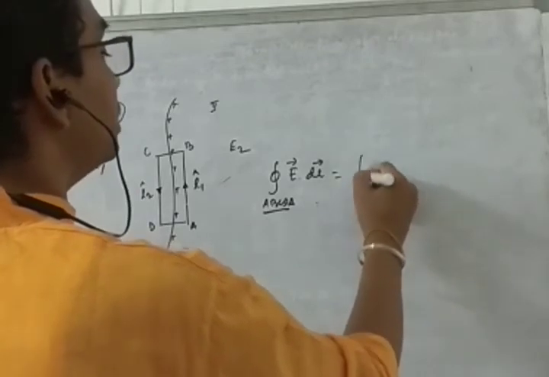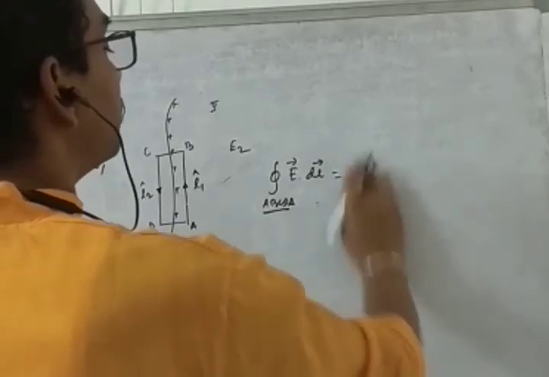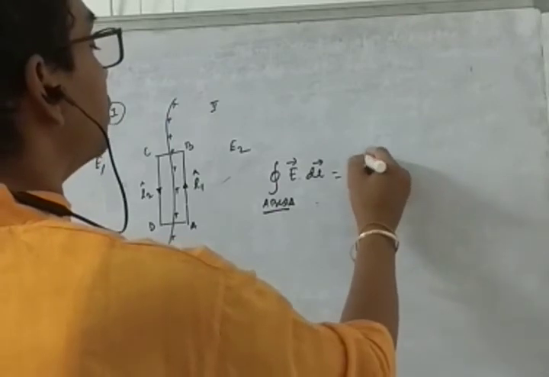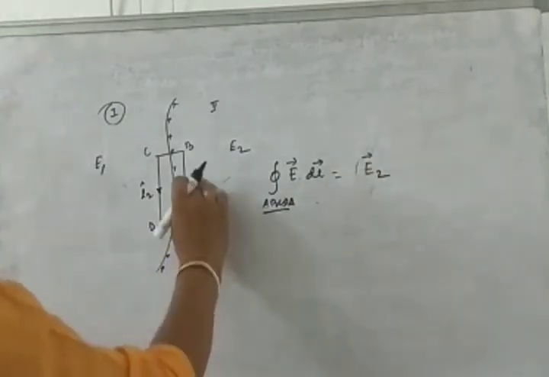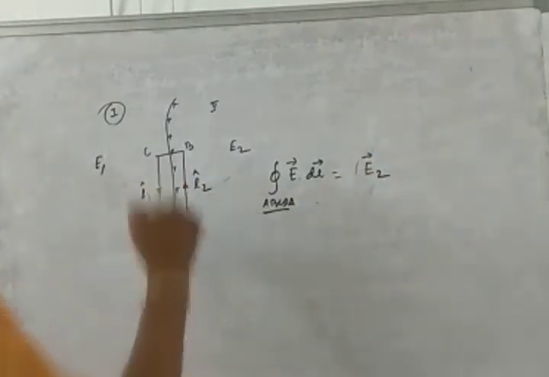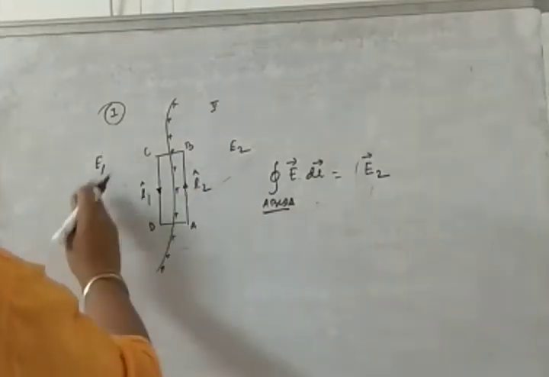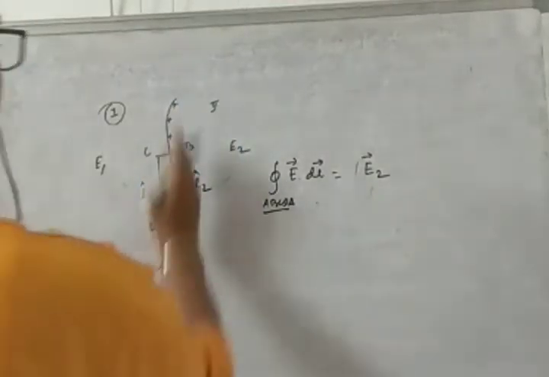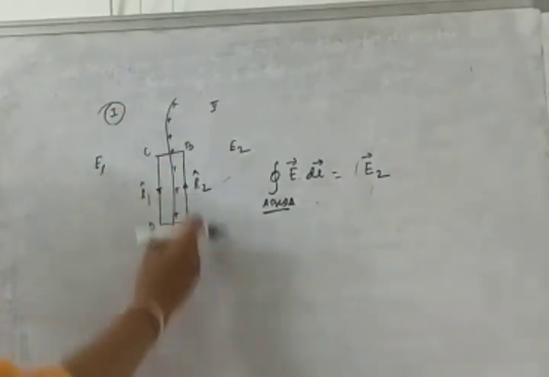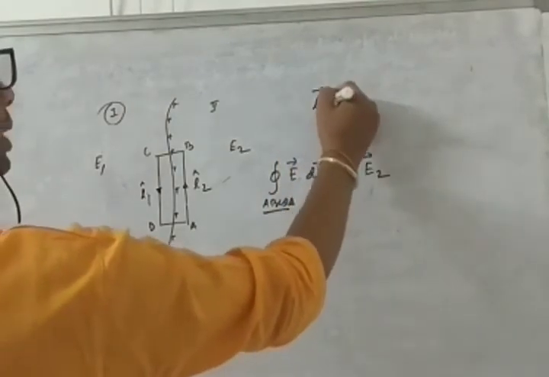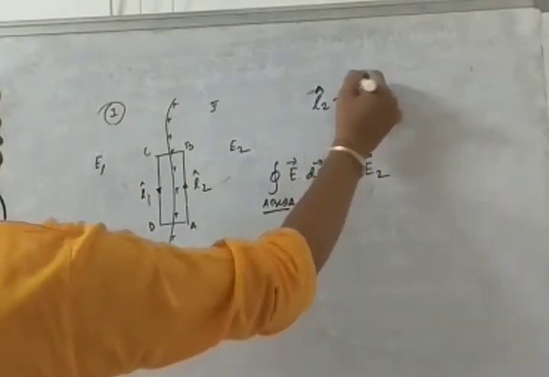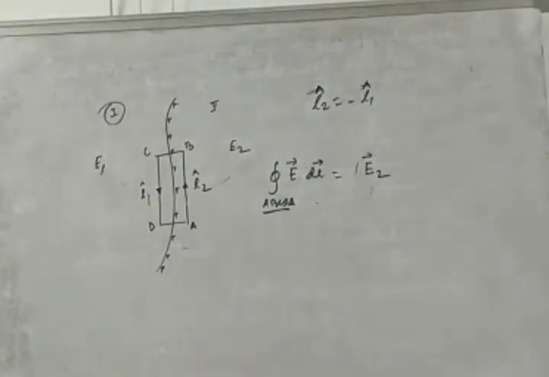On this side it is E1, on this side it is E2. We consider this as L2 and this as L1. L2 is the unit vector along A to B, and L1 is the unit vector along C to D. We can easily understand that L2 unit vector is equal to minus L1 unit vector.